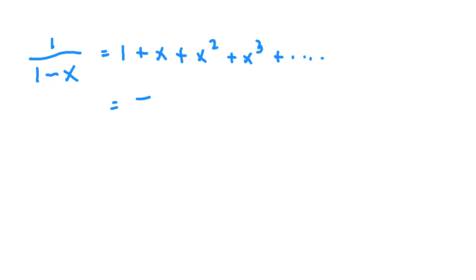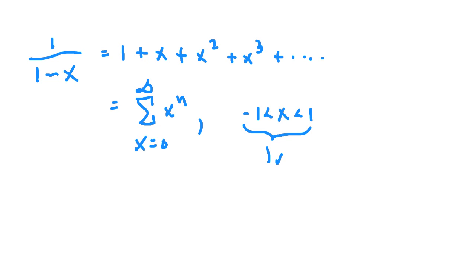In other words, 1 over 1 minus x will equal this power series when x is between 1 and negative 1. Another way of saying that is the absolute value of the common ratio x is less than 1.